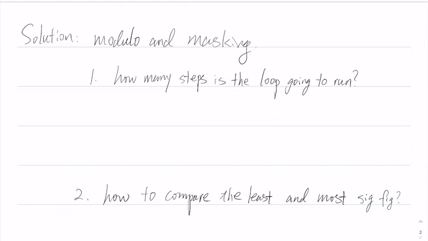This means that we're running a loop the same number of times as how many single place digits are in the number.